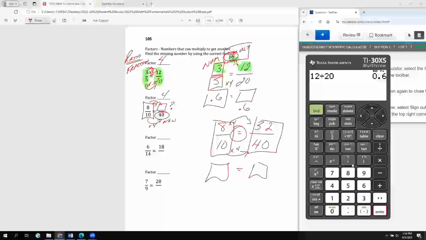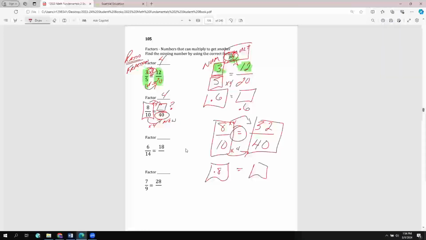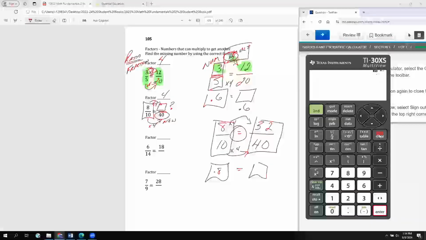So if I take 8 and divide it by 10, 0.8. 32 divided by 40 should also be the same. And if it is, then I have equivalent fractions. 0.8.